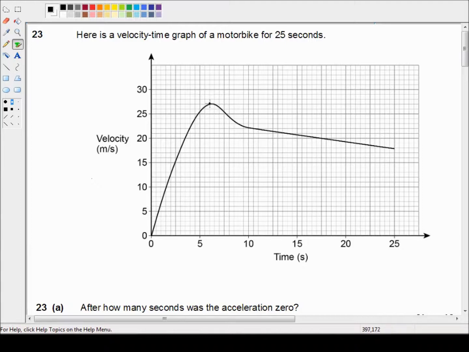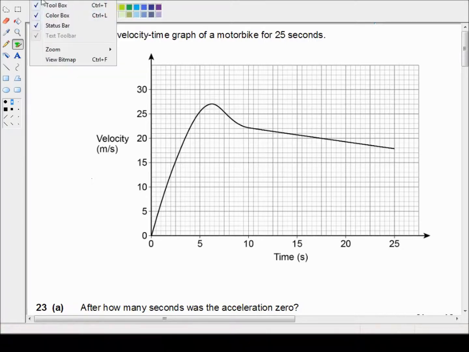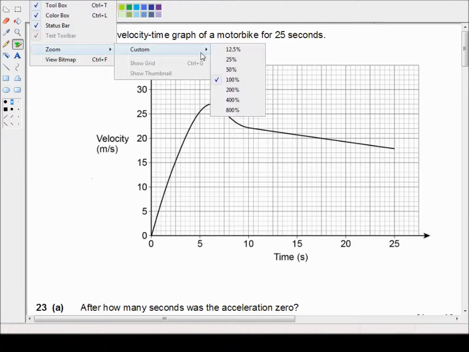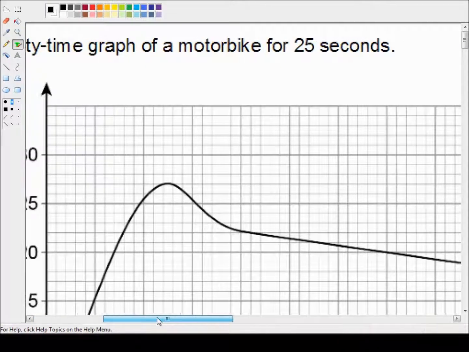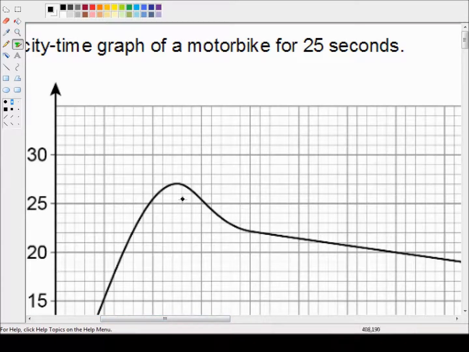So we're looking for the fastest possible speed, which is somewhere around here. So let's zoom in and see if we can get a good look. Okay, so here the maximum speed is, well, that's 5, so there's 1, 2, 3, 4, 5.